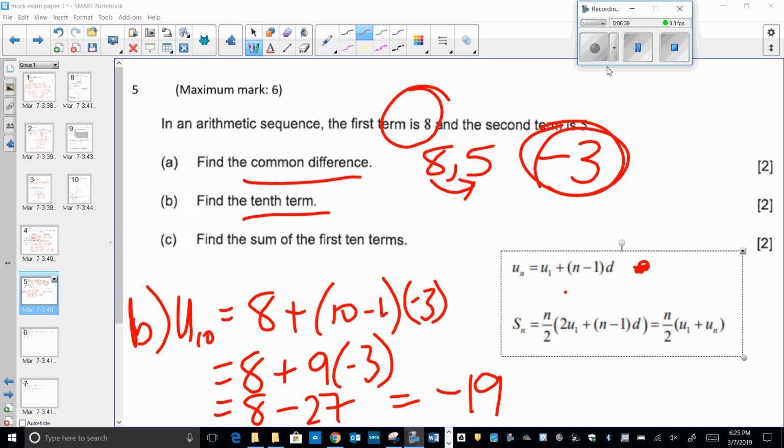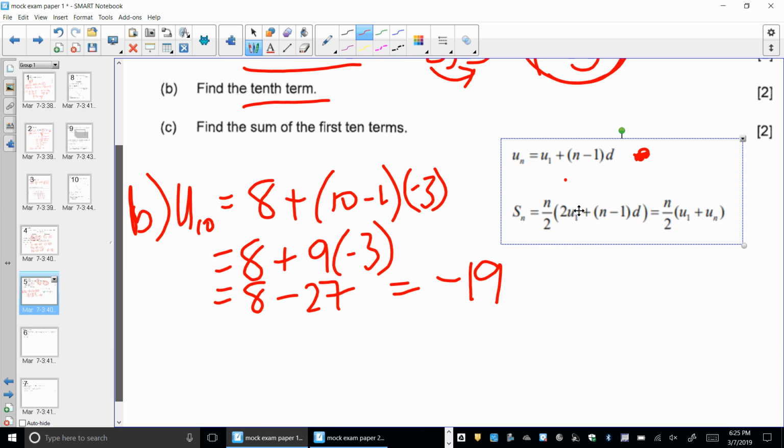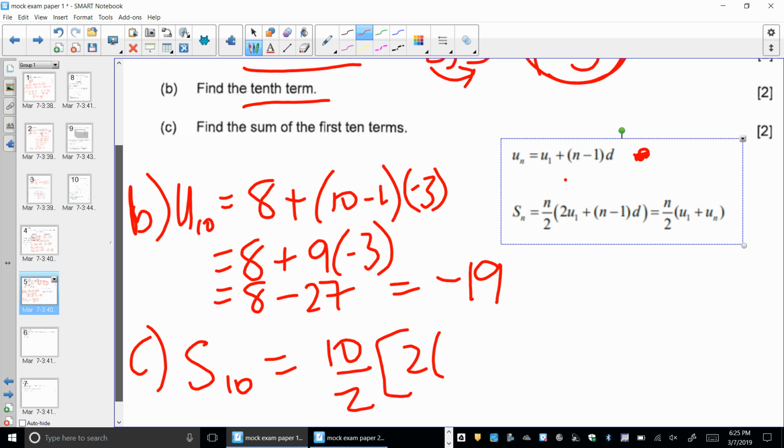Right, okay, find the sum of the first 10 terms. This time we're using the sum formula. We've got two different versions of that, and you could actually use either in this case because we know the 10th term, but this is probably the more common form we would look at. So S10 would be 10 over 2, 2 lots of 8 plus 10 take away 1 lot of -3.